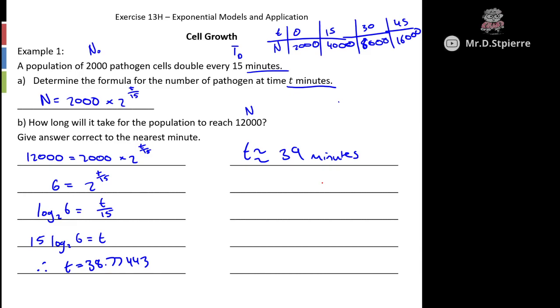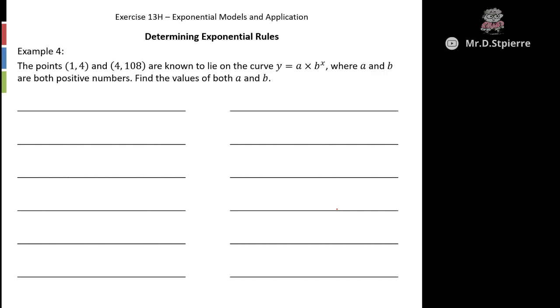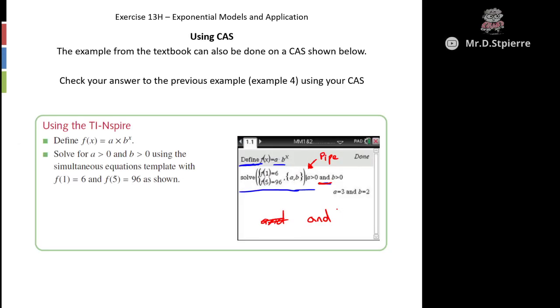With radioactive decay, this idea that a half-life is when the final amount is equal to half the initial amount, being able to use that and substituting it in allows you to find out the actual time period elapsed of the half-life. That's a common gotcha.